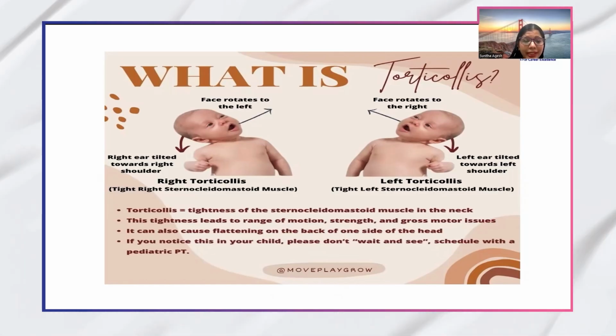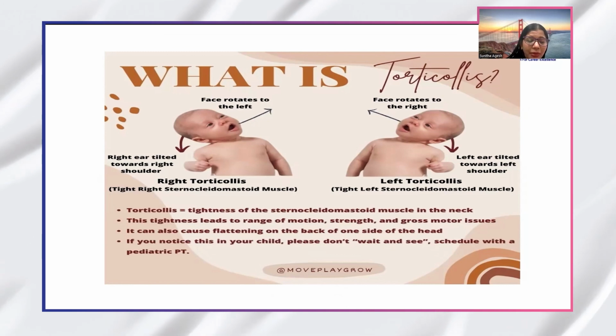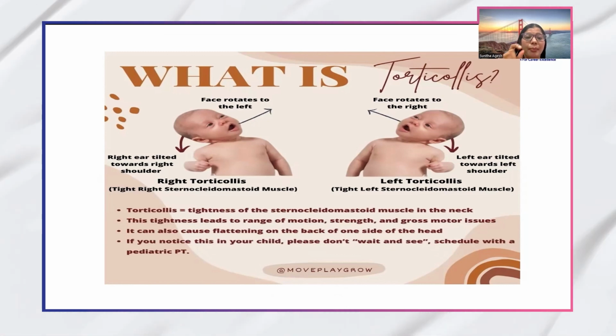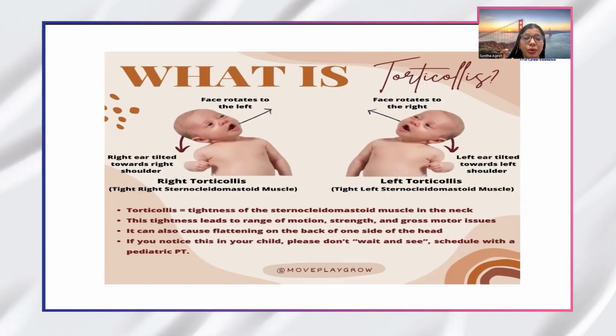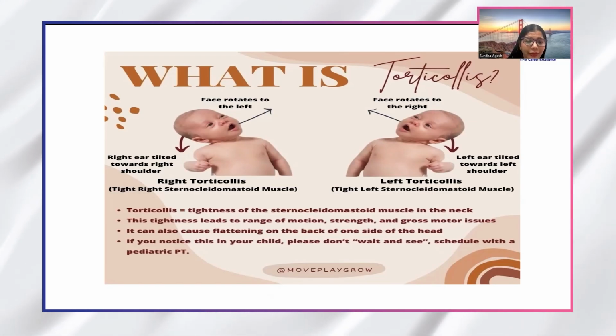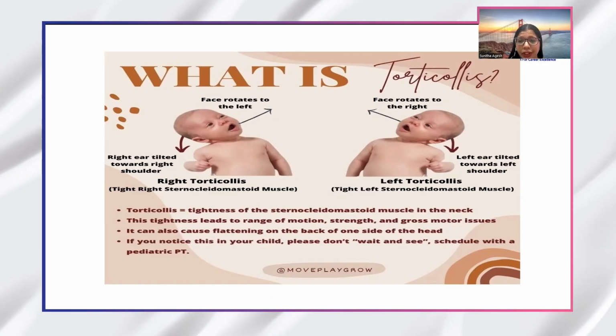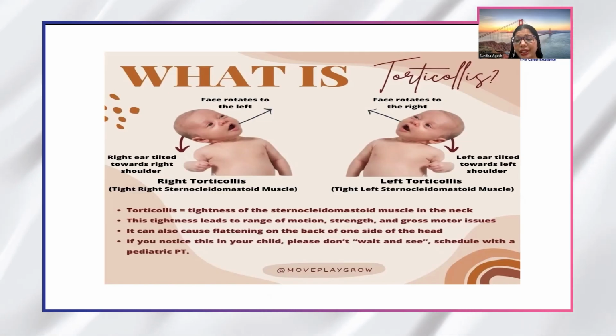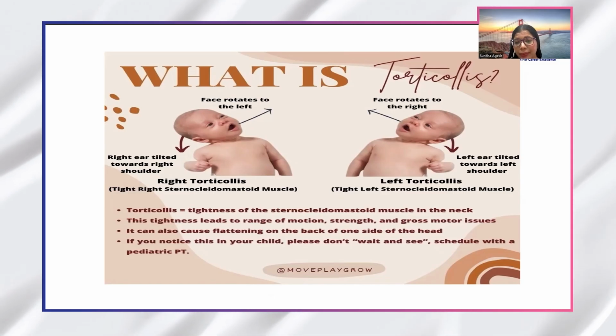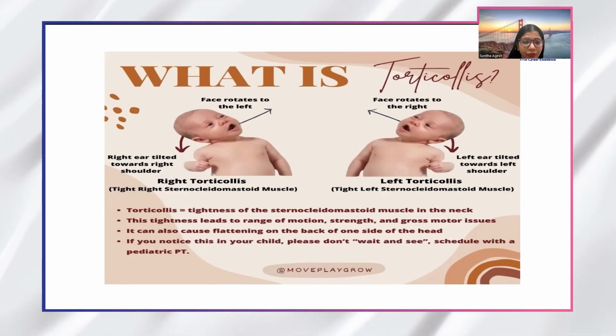So if you see this picture, for the baby with right torticollis, the right ear is tilted towards the right shoulder because there is shortening of the right SCM muscle, but the baby's face rotates to the left side. Then in left torticollis, the same: the left ear is tilted towards the left shoulder and the face rotates to the right.